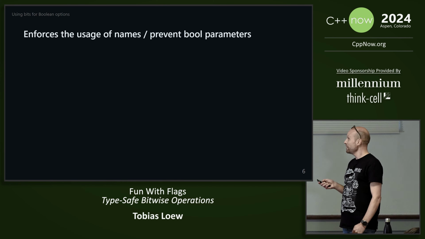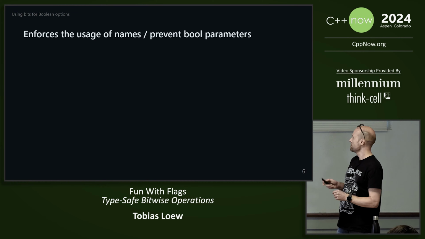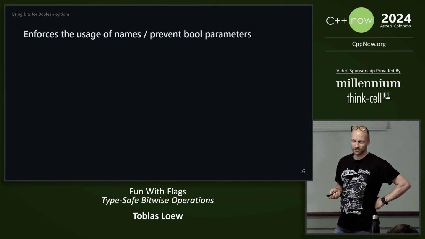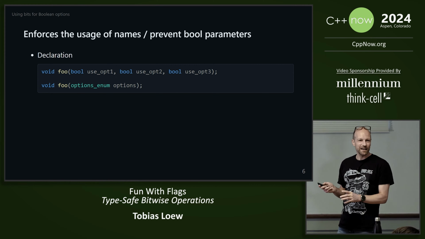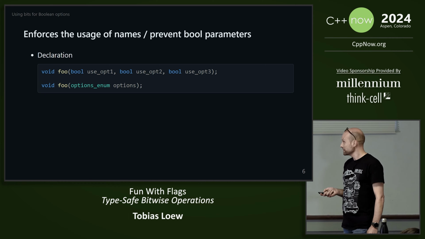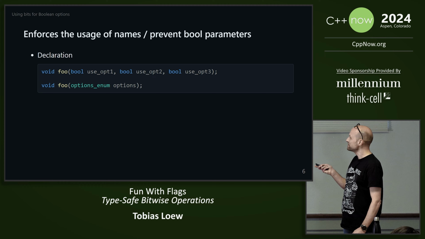What's also good about it is that it enforces names and prevents Boolean parameters in functions. We could have these two functions. On the declaration side, they may both work, and we see our options have names.